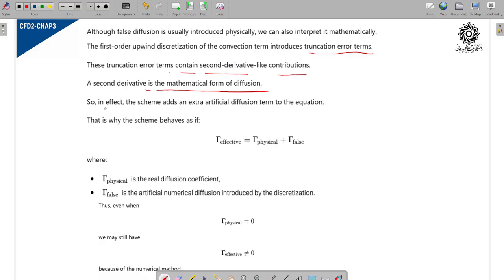So in effect the scheme adds an extra diffusion term, plus gamma phi.